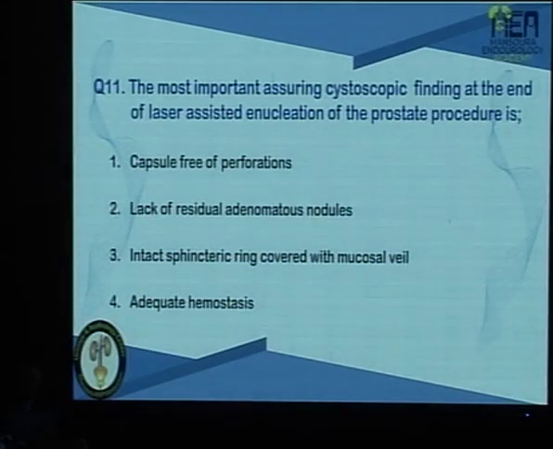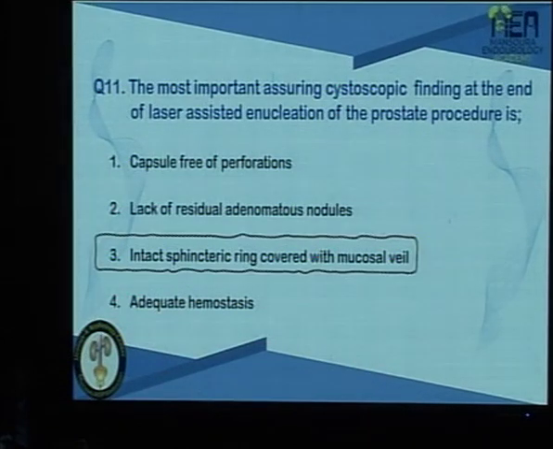The most important reassuring cystoscopic finding at the end of laser-assisted enucleation of the prostate is capsular perforation-free, lack of residual adenomatous nodules, intact sphincteric ring covered by mucosal veil, or adequate hemostasis. All are correct, but the most important is that you must have an intact sphincteric ring covered by mucosal veil in order to keep the patient continent.